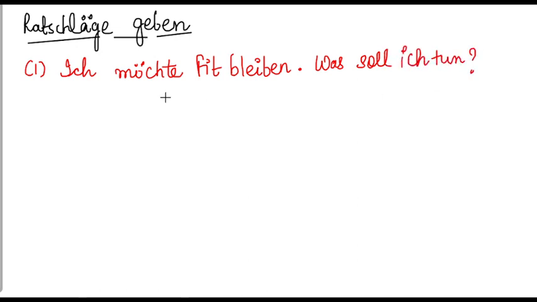So how are you going to give suggestions? You will say you should do yoga, or you can go to the gym, but try to be a little bit polite. In the first sentence I am saying you should do yoga. Be polite.